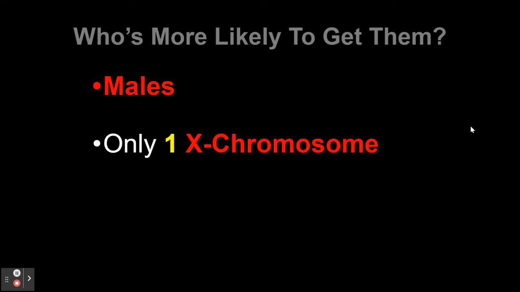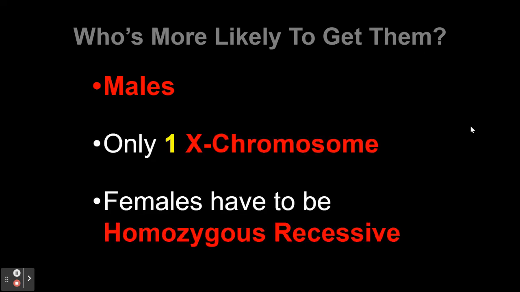Now, males are more likely to get sex-linked recessive traits, and many of these kinds of diseases, for the reasons that you just saw: they only have one X chromosome. So they only have to inherit one allele to have the disease. Females, on the other hand, have to get it from both parents.